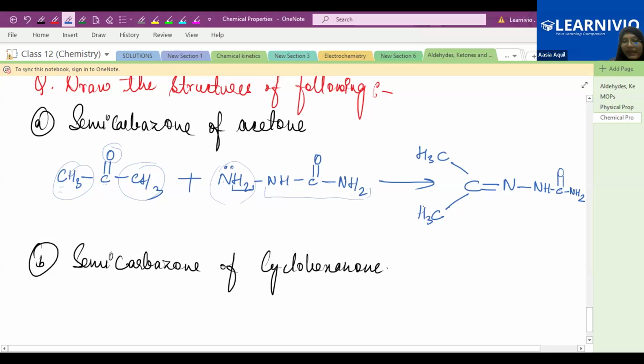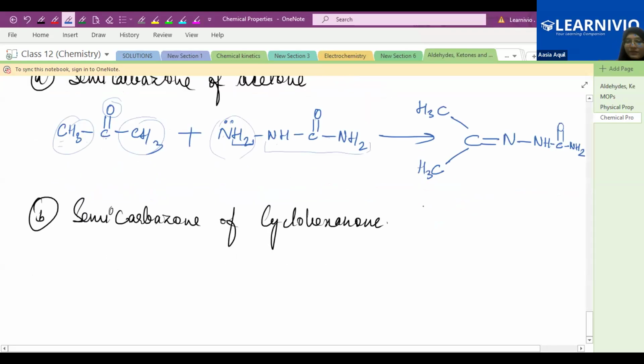Okay, do you want to try the next one? Semicarbazone of cyclohexanone. Just write, follow the same mechanism, and you will get the answer. Just try this question. First you have to analyze what the reactant will be, what the reagent will be, what the product will be.